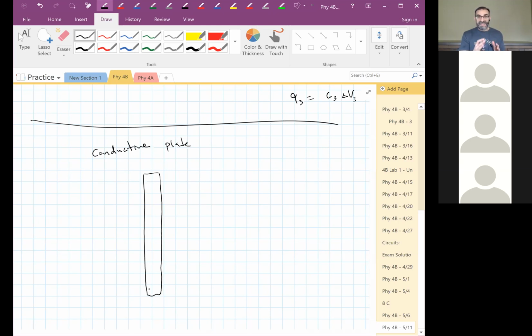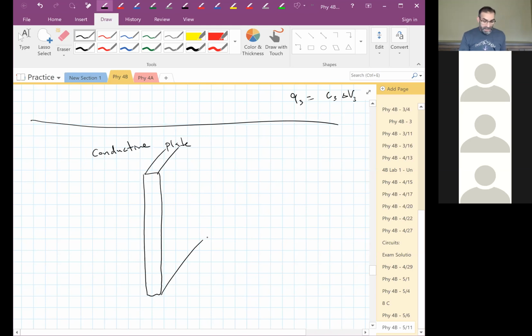Usually in physics books, they use plate for conductors and sheet for insulators. So we've got this large conductive plate, just basically a two-dimensional object. But of course, with a conductor, there's always some thickness to that plate. That's what I've drawn here. And it's going to go off like that.